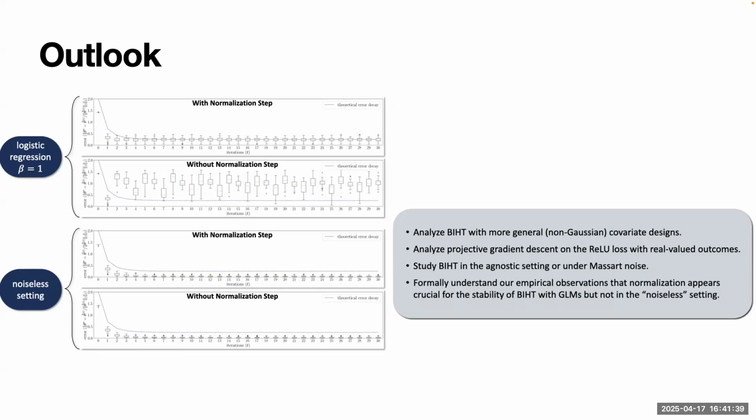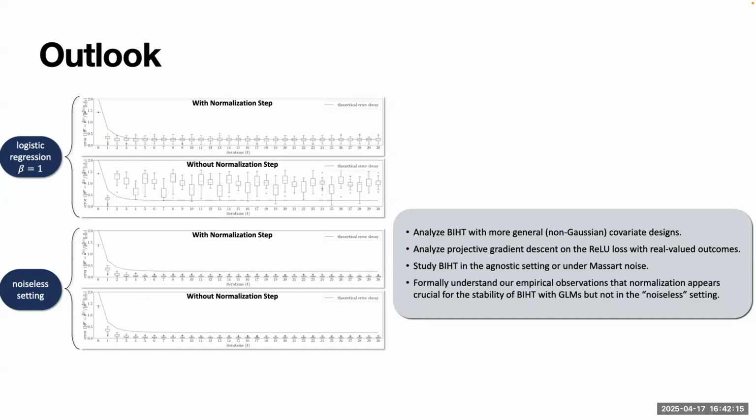Also, studying this with some other form of noise, not GLMs, like Massart noise or something. It seems like BIH works well in this type of setting, but we don't have a proof. And I think the subtle and curious thing here is that when it is noiseless, so it's like a 1-bit compressed sensing problem and you are not adding any noise, then we don't need the normalization step.